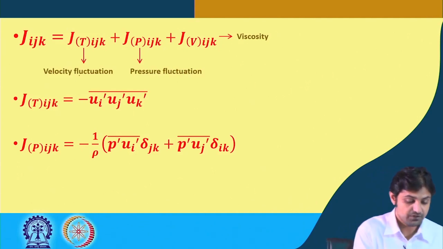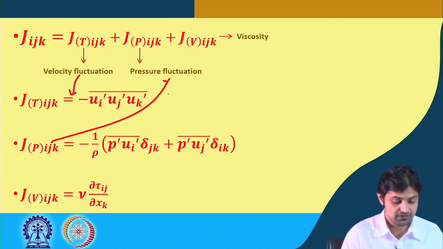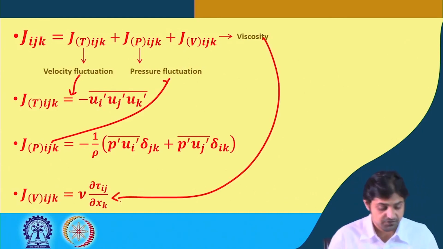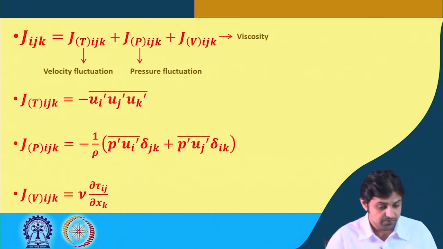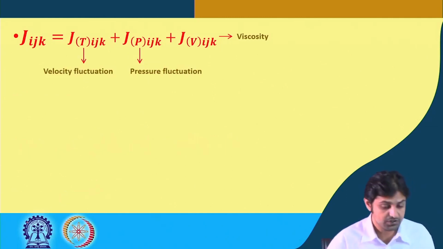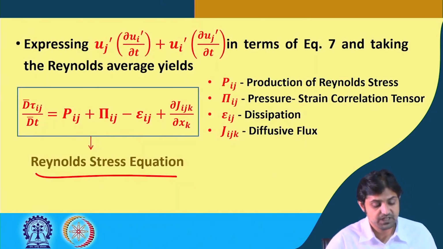You see, this velocity fluctuation is written like this, the pressure fluctuation is written like this, and the viscosity fluctuation is written like this. So we have seen what all these terms mean for this Reynolds stress equation. You see this one here: Pij, pi ij, production of Reynolds stress, dissipation, diffusive flux, and pressure strain correlation.